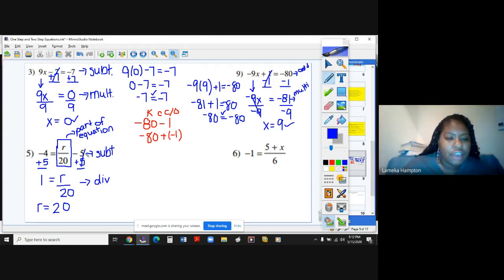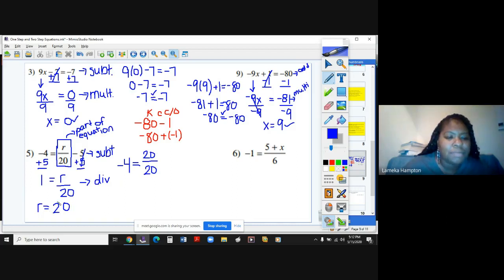So when I do that, I'm going to have -4 is equal to 20 over 20, minus 5. Because remember, R is equal to 20.